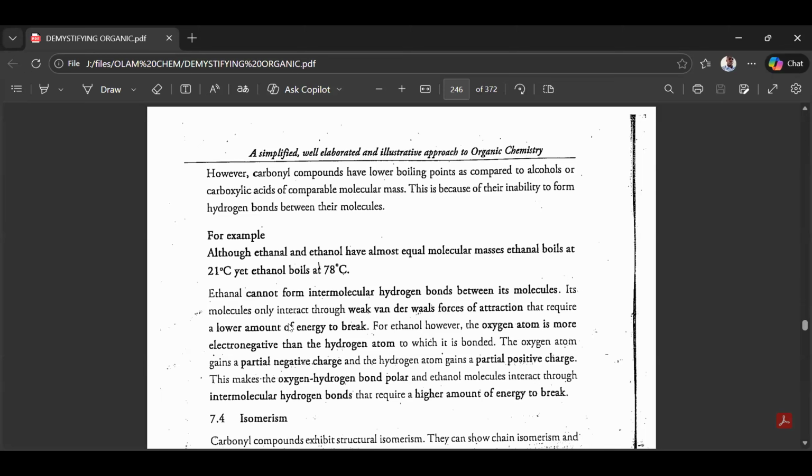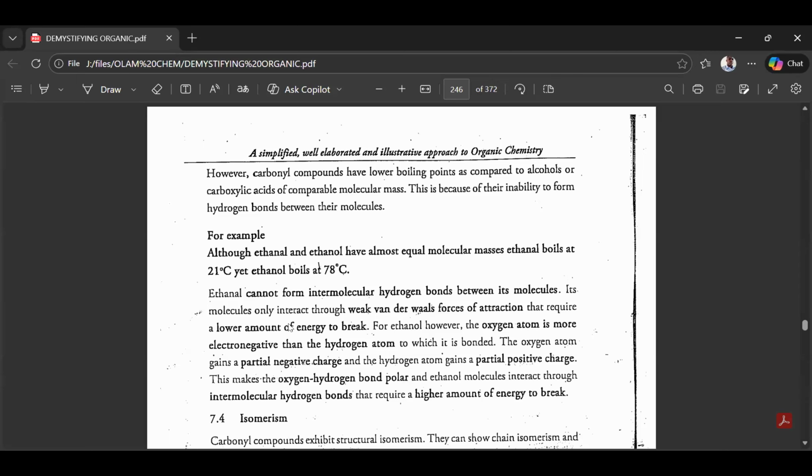Therefore, in butane, the atoms are only held by weak van der Waals forces of attraction, which are very easy to break. But in propanol, the atoms are held by the weak van der Waals forces of attraction together with the intermolecular hydrogen bonds. Therefore, to break the intermolecular hydrogen bonds and the weak van der Waals forces of attraction in propanol, you need a lot more heat than you need in butane.